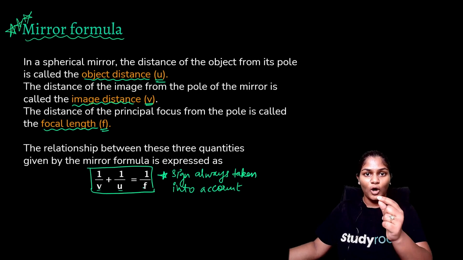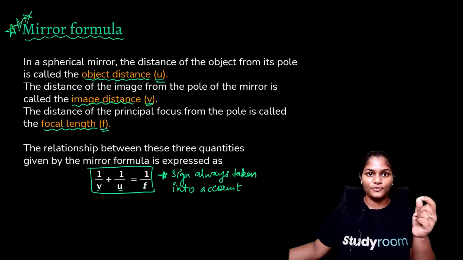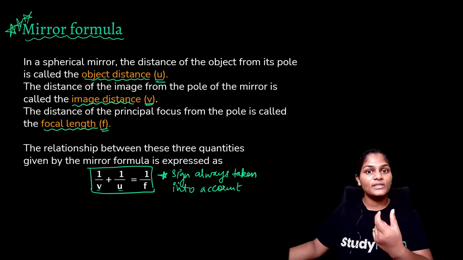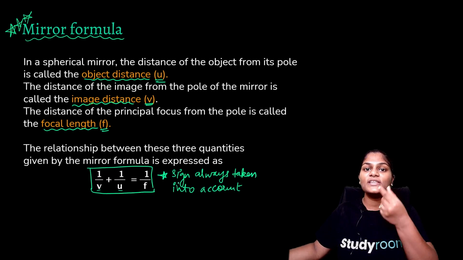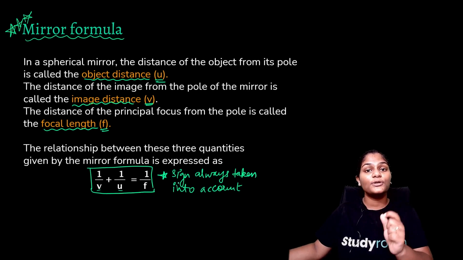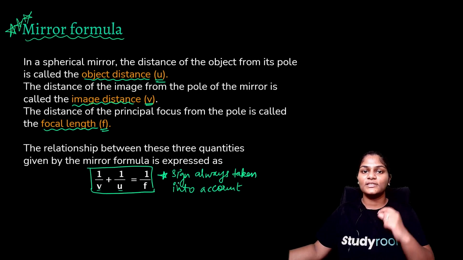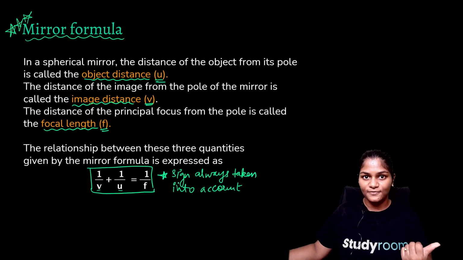Like if the object is placed 3 centimeters to the left of the pole. So what is the object distance? We just studied that the object distance is denoted by small u, image distance is denoted by small v, and focal length is denoted by small f. So the object distance small u, I just said 3 centimeters to the left of the mirror.